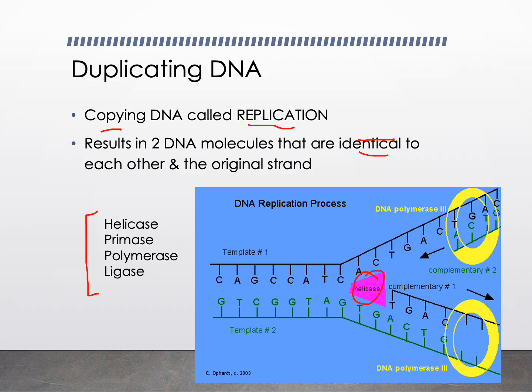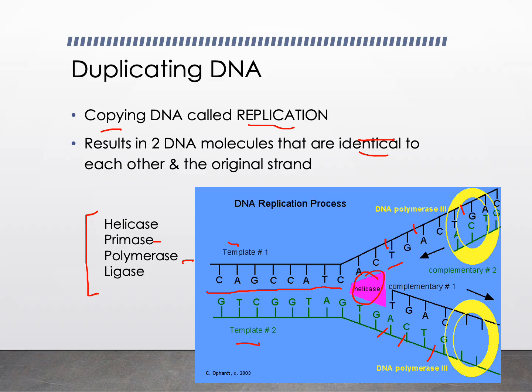Helicase comes in and breaks the hydrogen bonds that are connecting those nitrogen bases so they can separate. This is showing it's separated. And then your primase comes in and deposits a primer down on that parent strand, or the template as they're calling it here, so that the polymerase knows what it needs to build for the complementary pair.